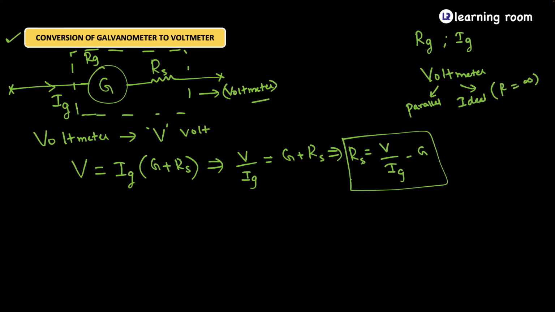One minute, there is a small correction I would like to make here. Actually, I took the resistance of the galvanometer to be Rg, no? So I'll write it as Rg plus Rs, here also Rg plus Rs. So here it will be V by Ig minus Rg. That's it. So as I told you, it is only a two-step derivation. Is that clear? Right.